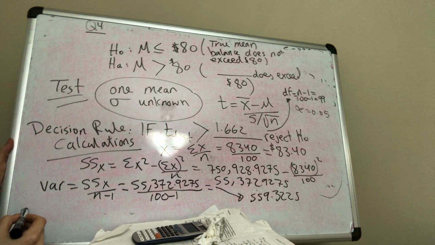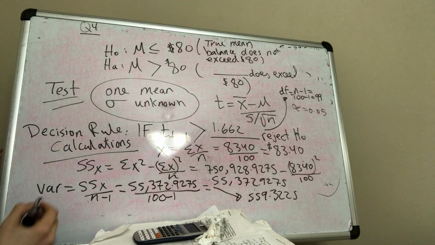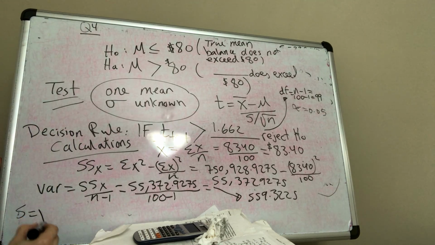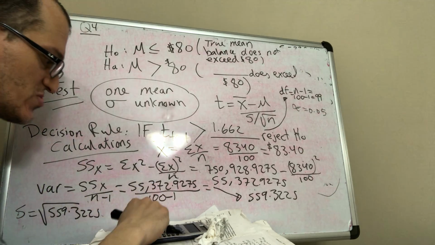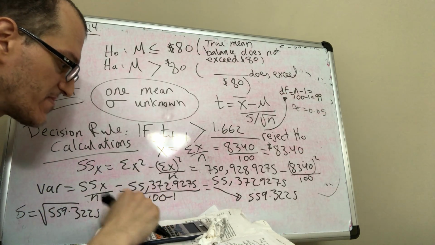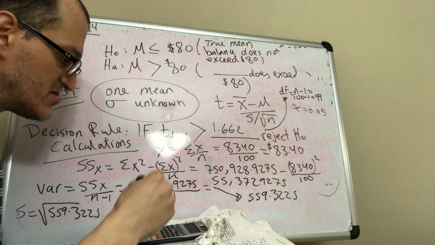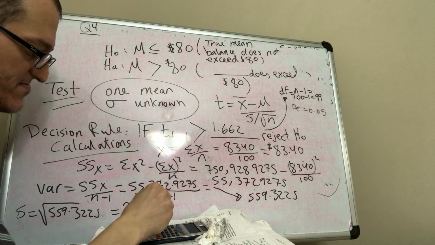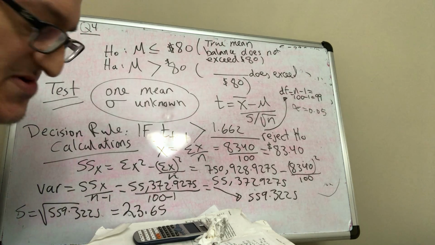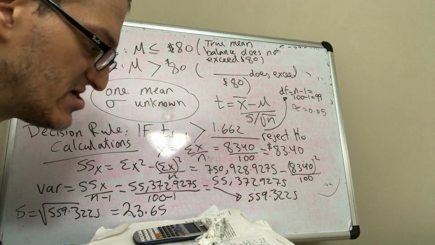And finally, the standard deviation is the square root of variance. Square root of 559.3225. You square root the number, and that gives you 23.65. That's your standard deviation, 23.65.